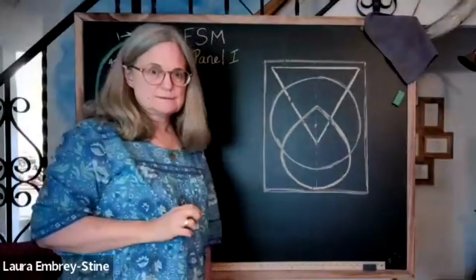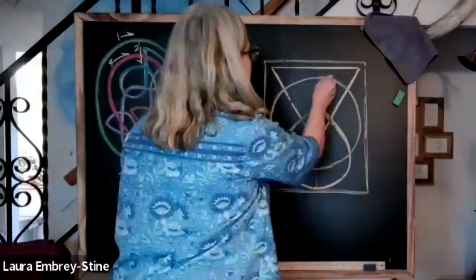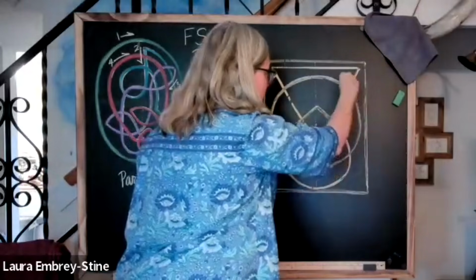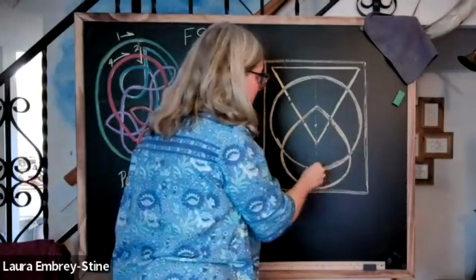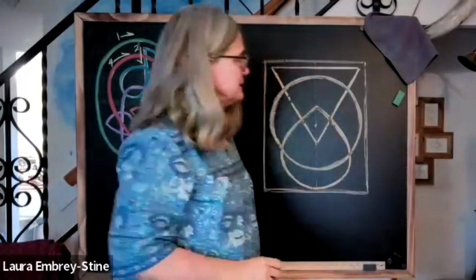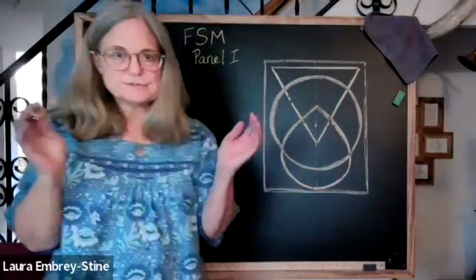Okay, how does that look? It's acceptable. Okay. So that is our outermost circle.